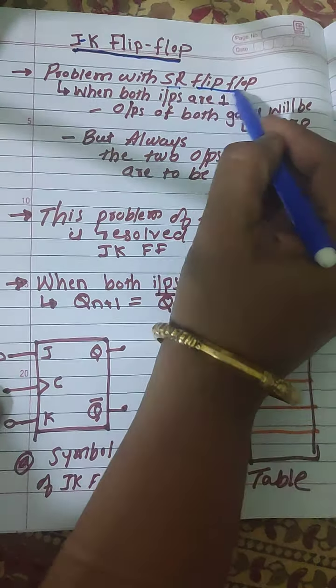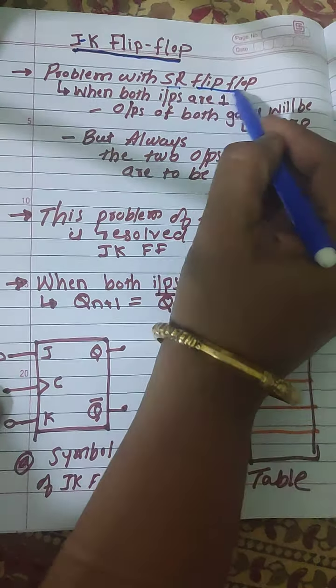What happens when both the inputs are 1 and 1 is that the next state output Qn plus 1 is the complement of the present state output. So this is the speciality. Here, instead of forbidden, it becomes the complement of the present state.